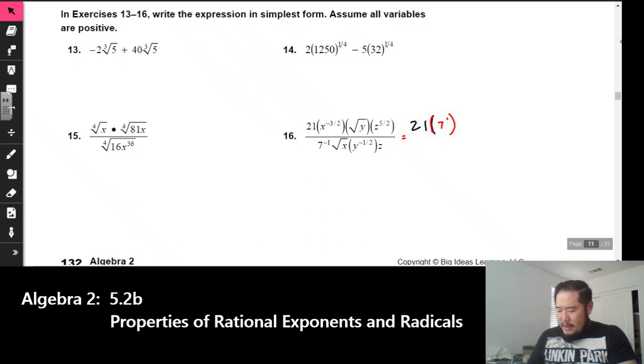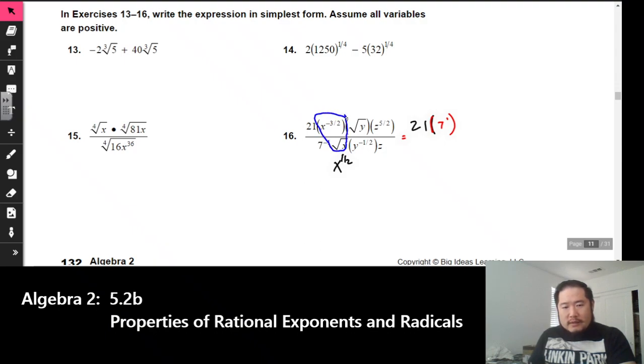Okay, so we've got that. Next up, let's see what else I could do. Let's take a look at our x's. Remember, this right here is actually x to the 1/2 power. And if I'm going to be subtracting right here, because I'm dividing, let's highlight what I'm looking at exactly.